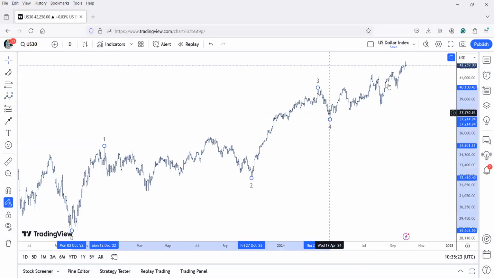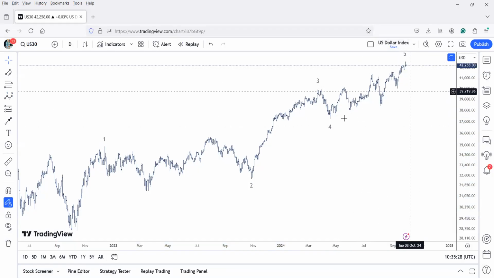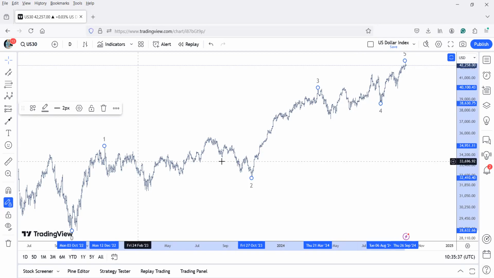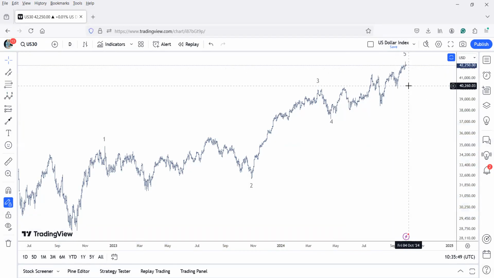With the last leg maybe a diagonal, or if it's not a diagonal, I push it here as wave 4. But I mean, wave 2, a running flat at WXY, wave 4 also a triangle. Rather, I would put wave 4 here and give it a shot of a potential diagonal complete.